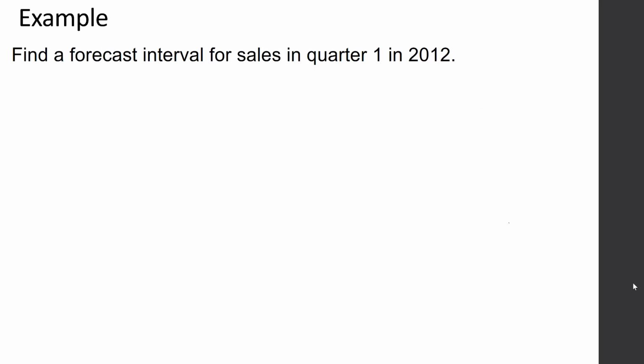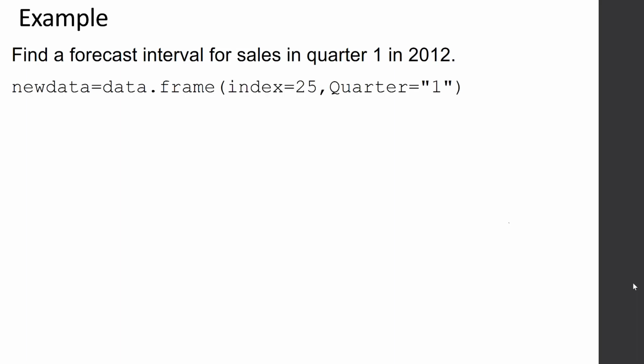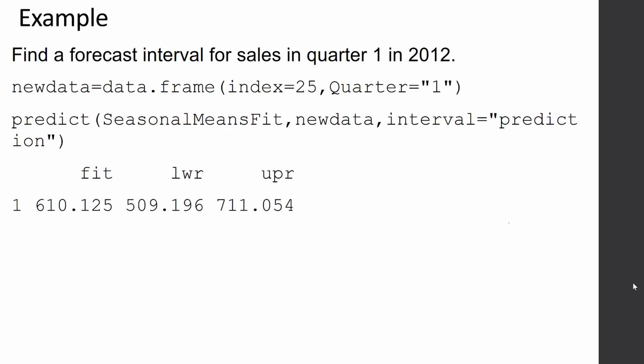So let's find a forecast interval for sales in quarter 1 in 2012. Well, we can use the predict function again by feeding it the 25 for the index and the quarter equal to 1 in quotes, since that's a categorical variable. And when we make the predict call, we're going to add another argument in the function, interval equals prediction. And that's going to give us a prediction interval, our forecast interval.